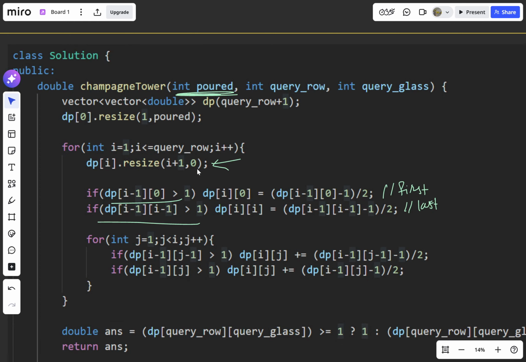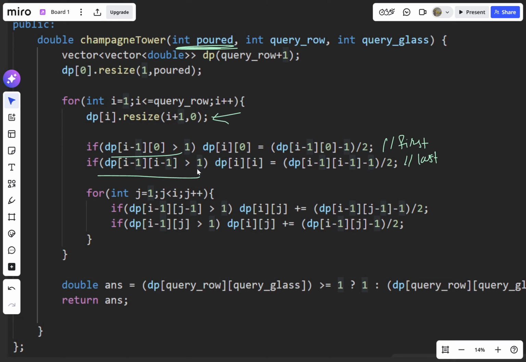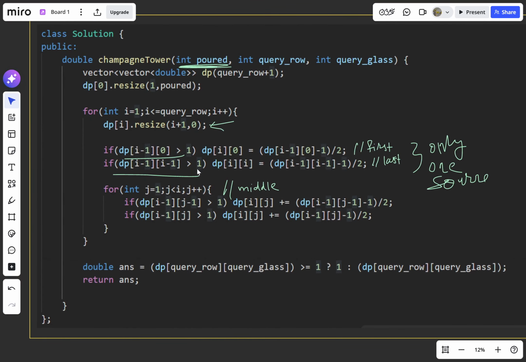For the first and last we are calculating them initially, and all the remaining ones, which are at the middle, we calculate separately, because for the first and last only one source is there, but for the middle ones we have two sources.